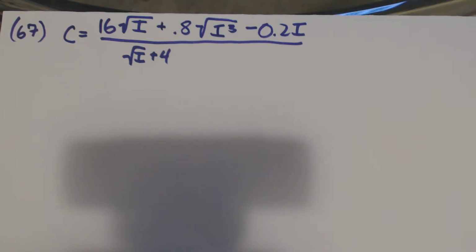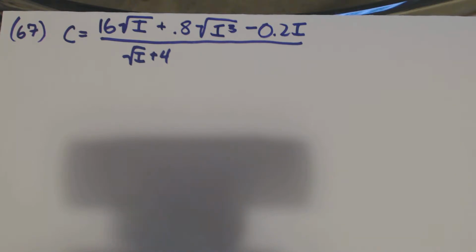The derivative of this function with respect to income is the marginal propensity to consume, and that basically establishes how much a household is, on average, spending on consumption with every extra dollar of income that they get.